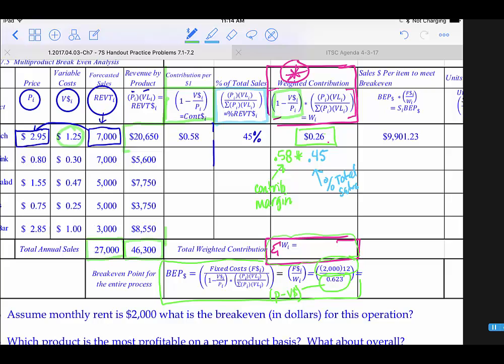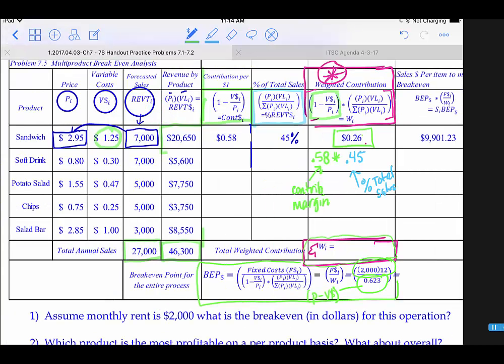So I'm going to go through the next item on here, the soft drink, a little bit faster, and then I'll leave it to you guys to do the rest of it.